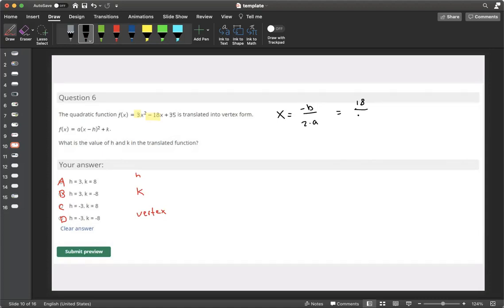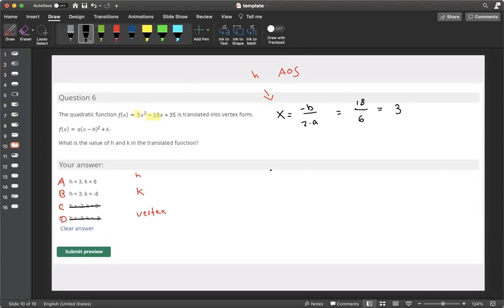What is 2 times 3? That is going to be 6. And if we simplify, we get a positive 3. So right off the bat, we can cross out C and D because our H value is not negative 3. So we need to know x is equal to 3, that x is the same as our h, or it is also our axis of symmetry.